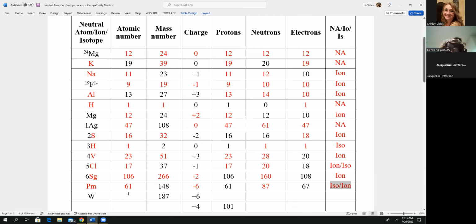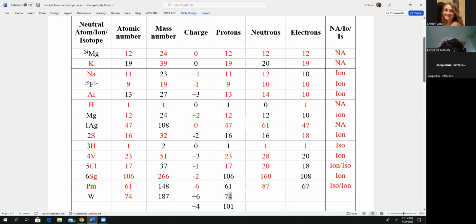Okay. So this is tungsten, and W has an atomic number of, where are you, tungsten? There you are. Okay, 74, right? So we know that this atomic number never changes, right? So we know that 74 is also the number of protons.